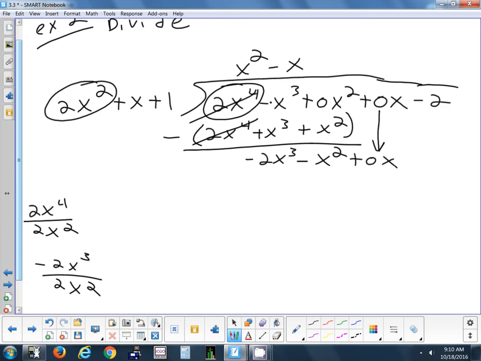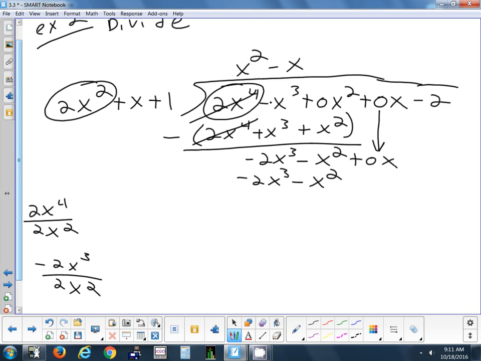Multiply it back out. Adrian, what's negative x times 2x squared? Negative 2x squared. And then negative x squared. So you got x squared for both of them, but I think the first one should be a different exponent. Oh, I mean x cubed. There you go. So negative 2x cubed, I agree with the negative x squared.